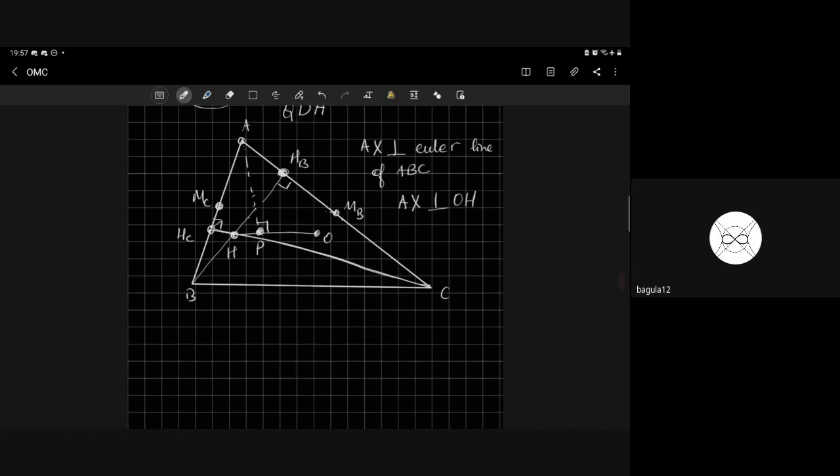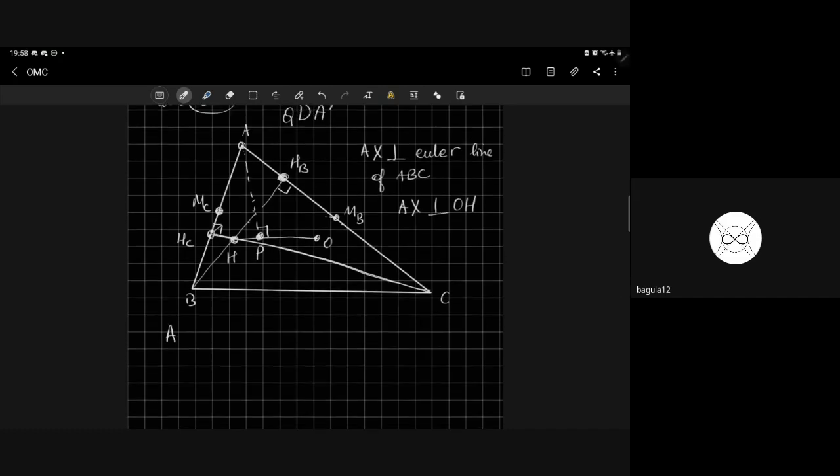A, HC, H and P. I'll include HB also. Not AHC, HBP.